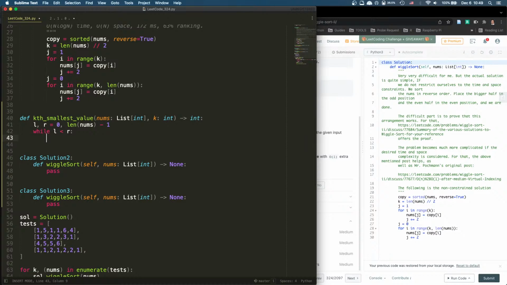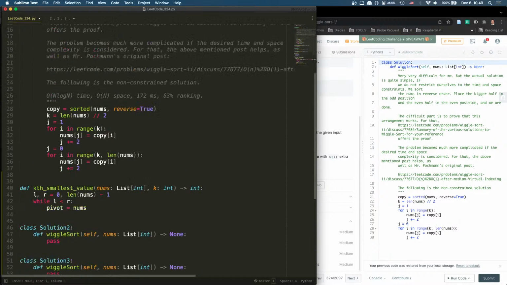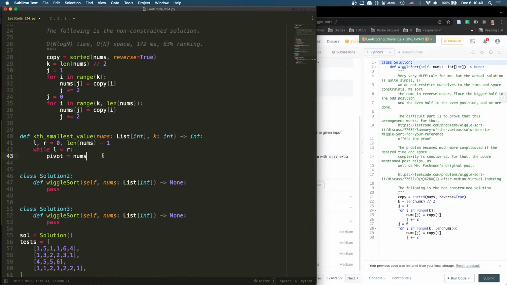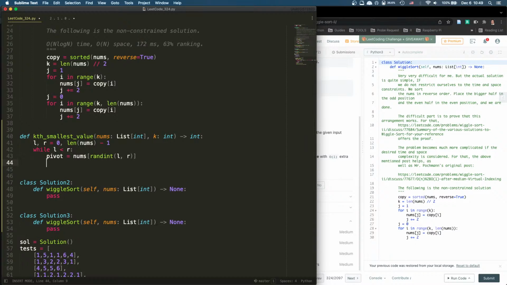So we're going to say pivot is equal to nums, so we just randomly pick a value. So I need to say from random import randint, right? So nums randint left and right, so we pick a value to be the pivot, and after doing that, we're going to put the pivot to the front.